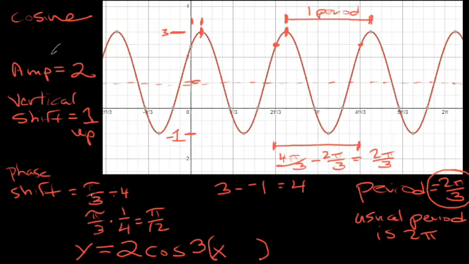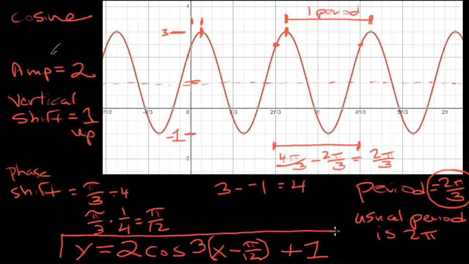My phase shift is pi over 12, which horizontal lies, so since I've moved to the right pi over 12, I need to subtract pi over 12. And then vertical tells the truth, so vertical shift is 1 up, so I'm going to add 1 at the end, and that right there is an equation for that graph.